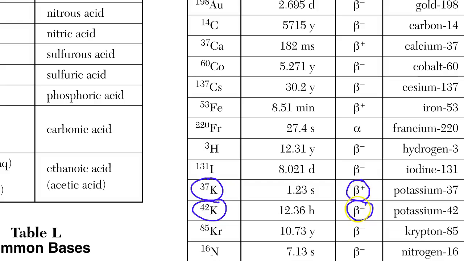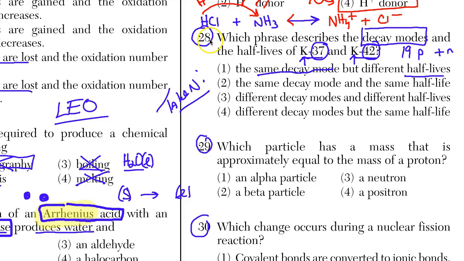Beta positive and beta negative. If you go to table O, this tells you it's a positron, and this is a beta particle. So the decay modes are different and the half-lives are different. Let's go back to the problem. So in 28, as we just saw from table N, one's a positron, one's a beta emitter, and they have different half-lives. So this was directly off table N.